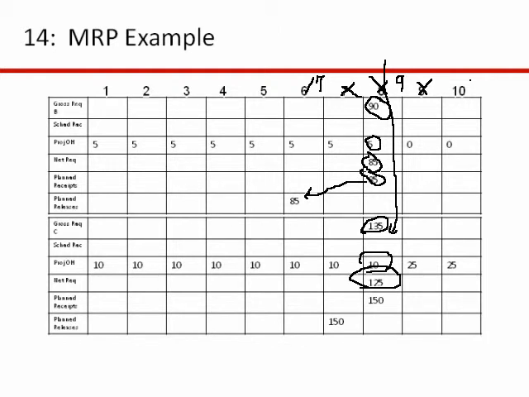We can only make in, I think it was either 75 or 150 batch sizes. So even though we need 125 C's, we have to order in the 150 batch. So we order the 150 batch. It's got a lead time of 1 week, so that means we have to order that at the beginning of week 8. And then we have 25 left over.